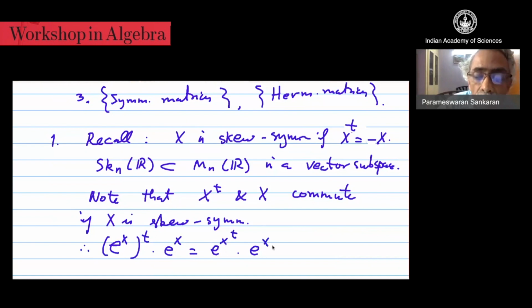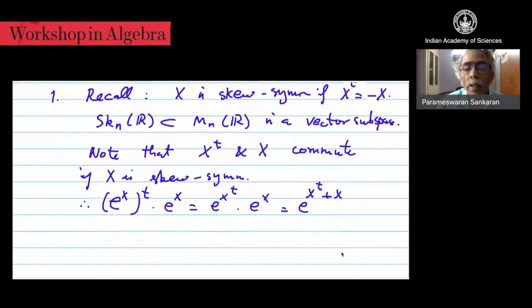But x transpose and x commute. So this becomes e power x transpose plus x, since x and x transpose commute. Not always true. So this is where it's crucial that you are working with skew symmetric matrices. Yeah, so x transpose plus x is 0 and e power 0 is identity.